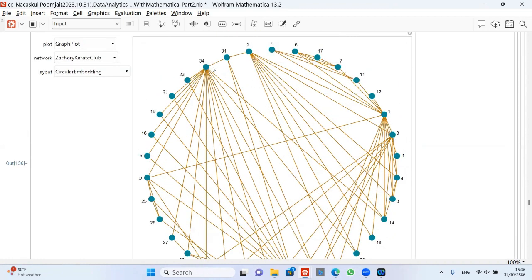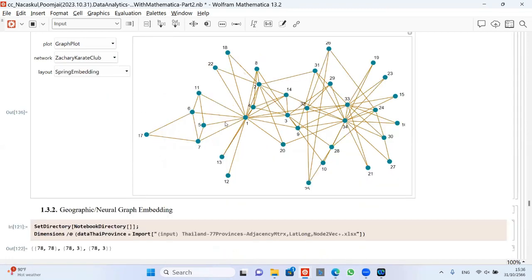Why is that? It's obvious because they have more edges, right? That's called degree centrality, if all you do is count. But let's go back to this picture. Let's say this guy, number 22, has 2 connections.